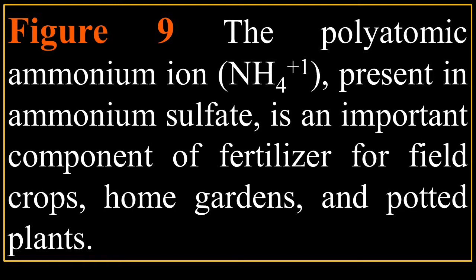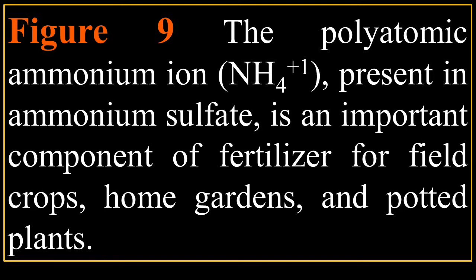The polyatomic ion, ammonium ion, NH4+, present in ammonium sulfate, is an important component of fertilizer for field crops, home gardens, and potted plants. And on each bag of fertilizer, they'll give this series of numbers.